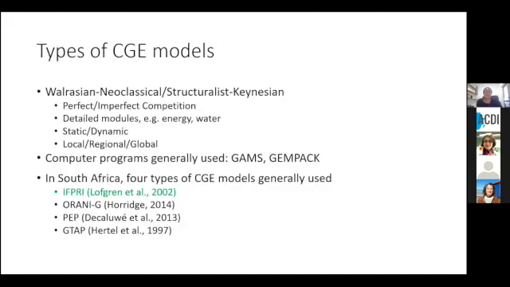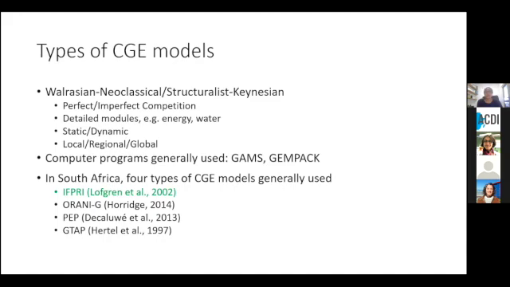So there are different types of CG models. You get CG models which are neoclassical or Keynesian in structure, or perhaps a combination of the two. There are CG models that are based on perfect competition, but you also get ones that are based on imperfect competition. You get models that have detailed modules, for example, on energy or water or agriculture.